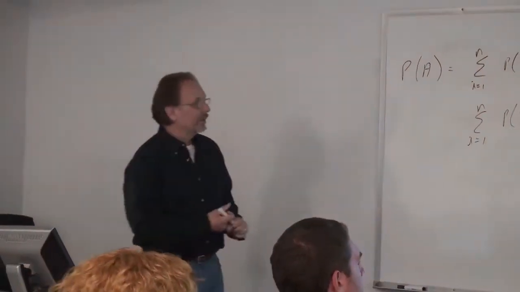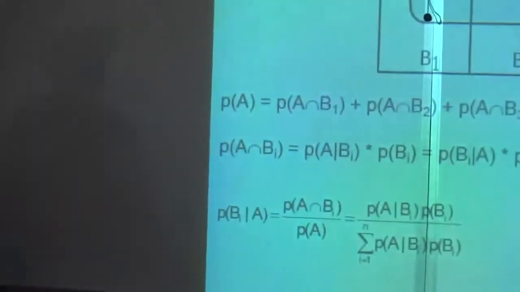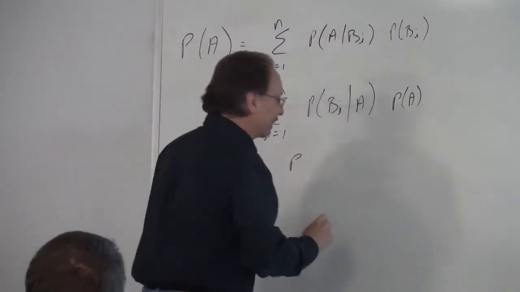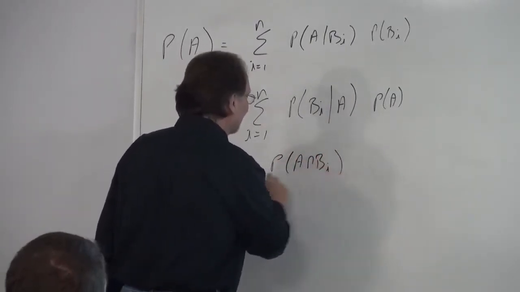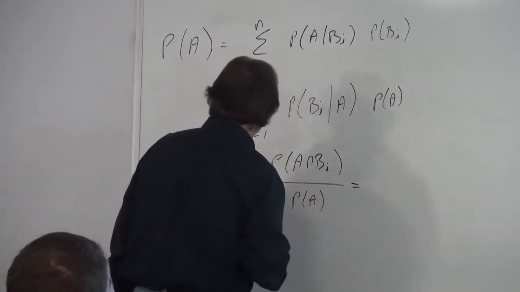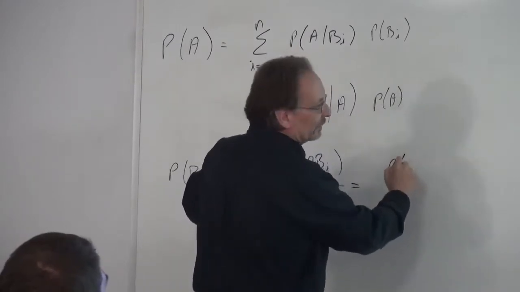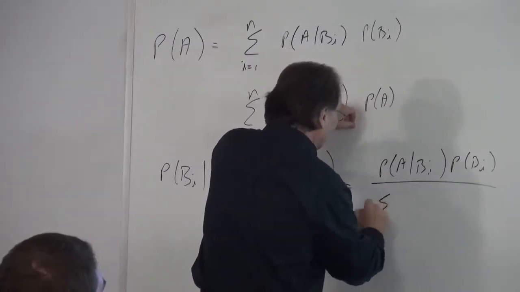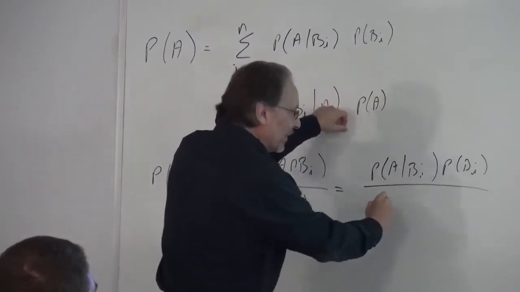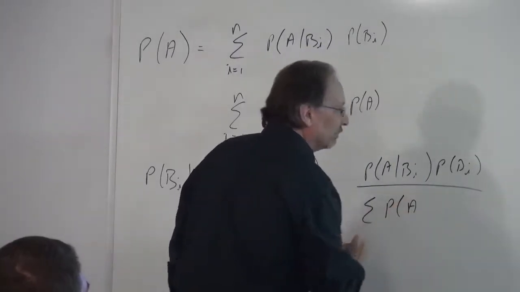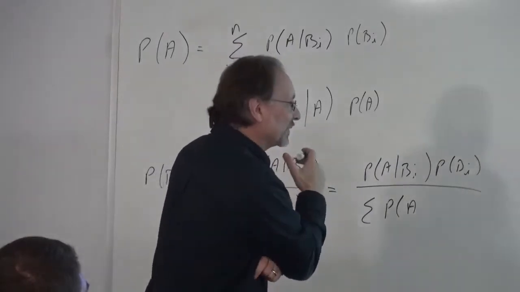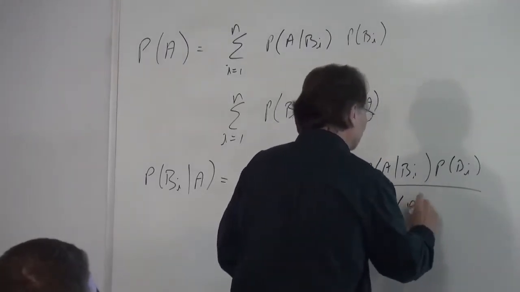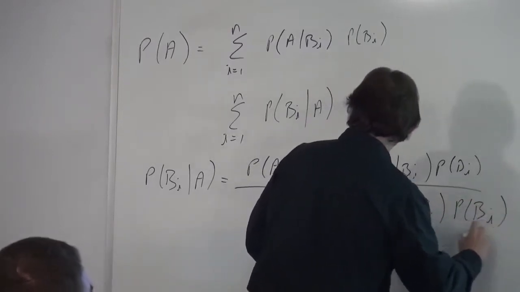So, keeping that in mind, and also keeping this relationship in mind here, the probability of B sub i given A is equal to the probability of A intersect B sub i over the probability of A, and that's also equal to the probability of B sub i over the summation, and I'll just leave the limits off, of the probability of A given B sub i times the probability of B sub i.